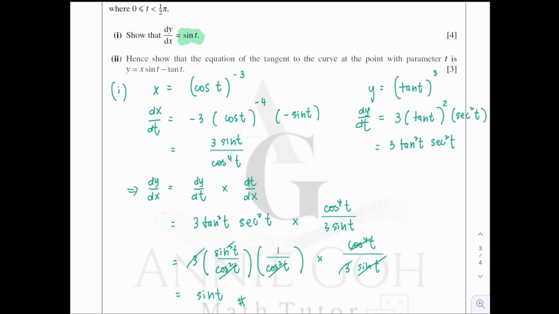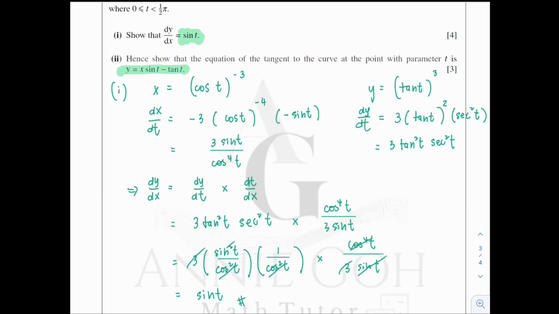As for part 2 here, hence means related to part 1. Show that the equation of the tangent to the curve at a point with the parameter t is given by y equals x sine t minus tan t. This is what we need to show. And you notice that the equation of the tangent is in terms of the parameter t.